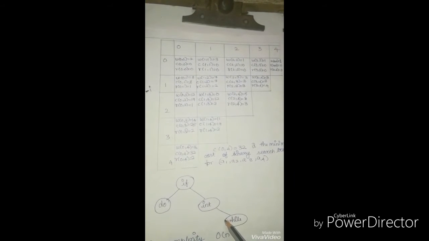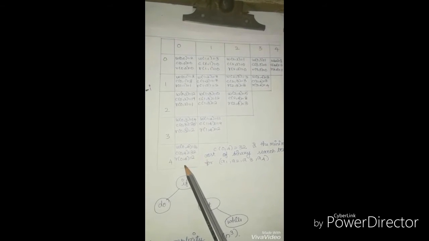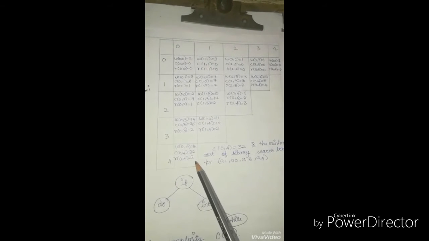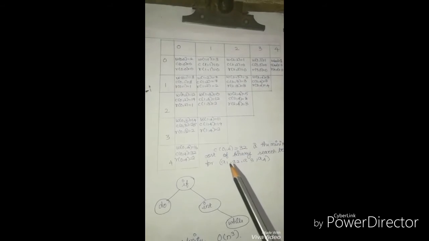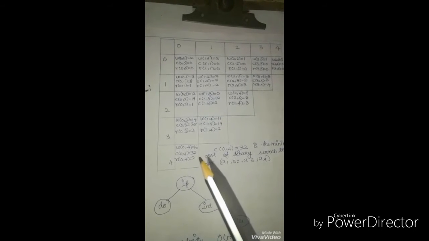After incorporating all these values, we are obtaining the maximum value as 32 at root node 0, 4 is equal to 2, which depicts in order to perform the entire search, the minimum cost that is calculated for this particular orientation is 32.